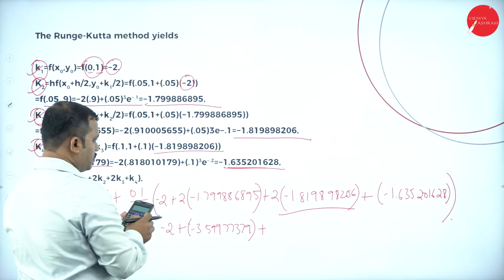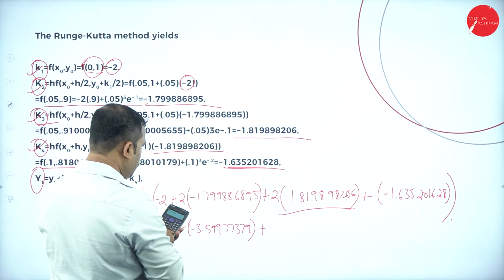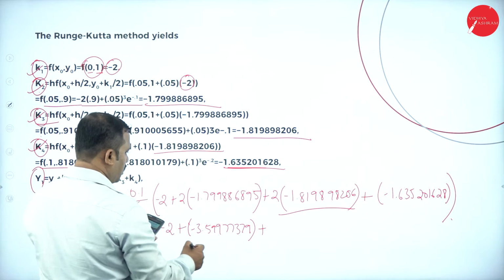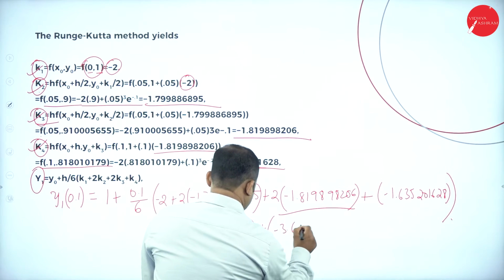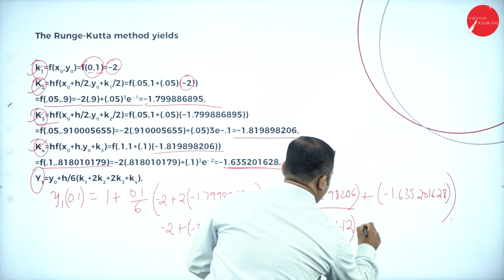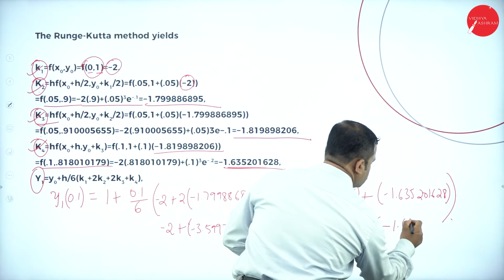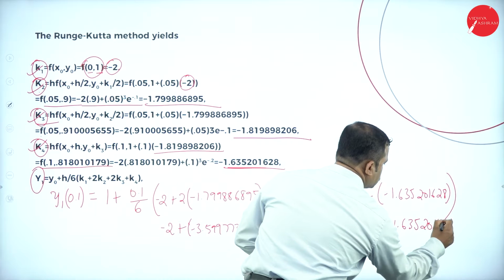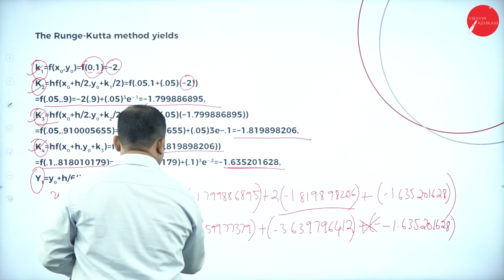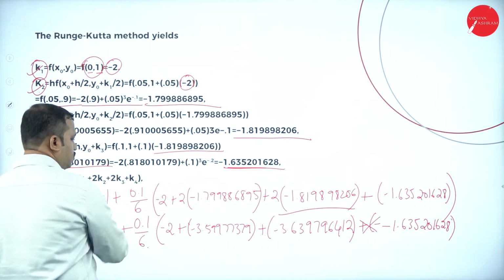If I simplify this term, what is the value I am getting? 2 into minus 1.8198982006, which is equal to minus 3.6397964112. This is the value. If I further simplify this, I'll get plus into minus, that is minus 1.635201628. That is this value. If everything is multiplied and divided by 6, we'll get this term.